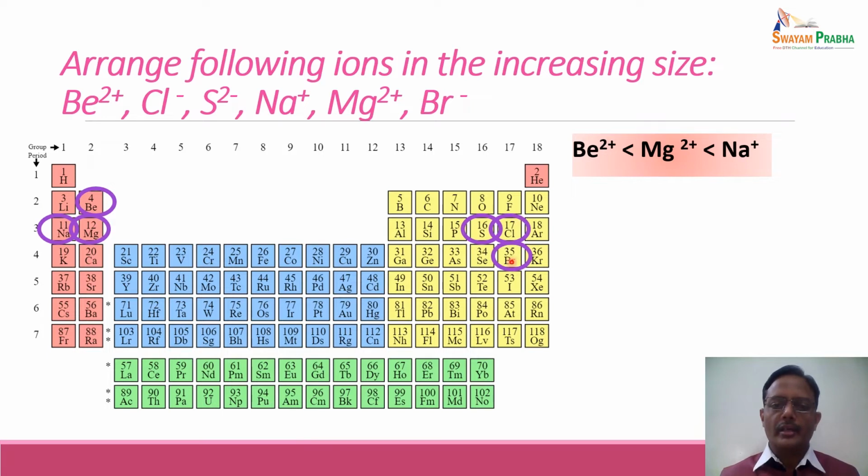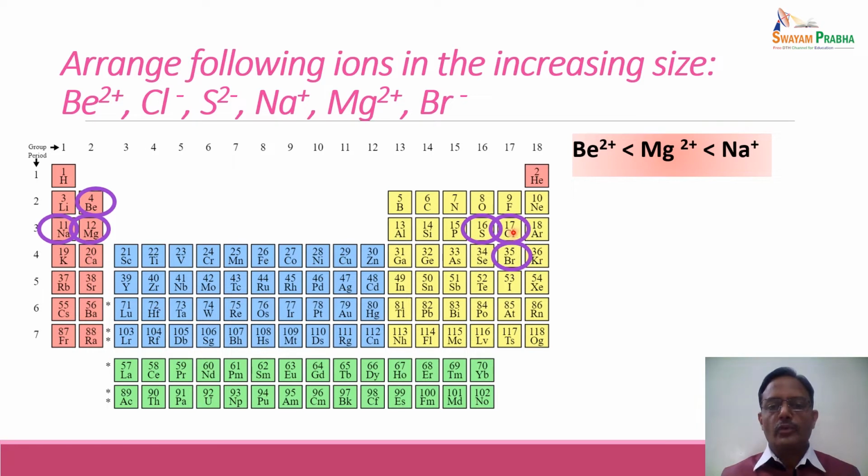Similarly, now we will compare these three elements. We know that from left to right, the ionic radius decreases, but we have sulfide, which has two negative charges. So two extra electrons are there, whereas in chloride and bromide there is one extra electron. When we move from chloride to bromide, definitely the ionic radius will increase because we are moving down the group. But when we move from Cl- to S2-, it is not S- only, but S2-.